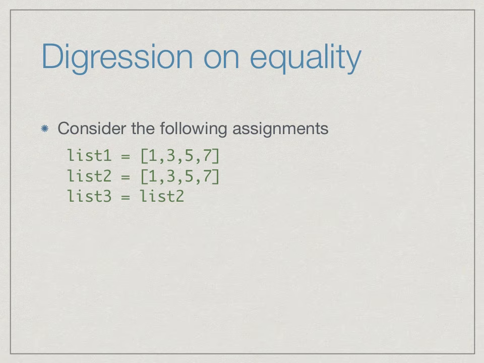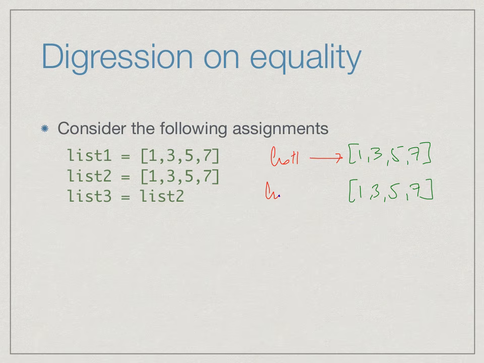So pictorially, we have two lists of the form [1, 3, 5, 7] stored somewhere, right? Initially list1 points to this and list2 points to this, and the last assignment says that list3 also points to this.